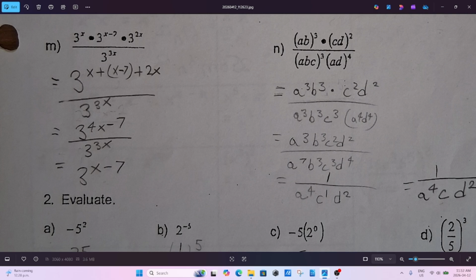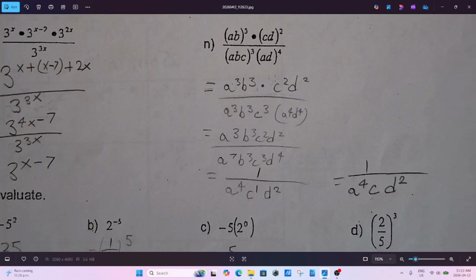Question N, (AB cubed times CD squared) divided by (ABC cubed times AD to the 4). So we're going to put the 3 to the A and the B, put the 2 to the C and the D, put the 3 to the A, B, and C, put the 4 to the A and the D. So we're going to distribute the exponents to each variable. So that is A cubed B cubed times C squared D squared, over A cubed B cubed C cubed times A to the 4 times D to the 4.